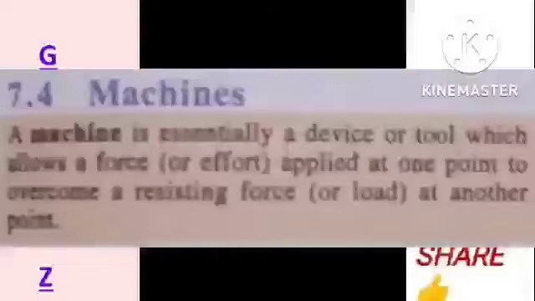We as human beings, as intelligent as we are, have been able to come up with various setups and arrangements that can help us do work, and these are known as machines. A machine is defined as a device or tool which allows a force or effort applied at one point to overcome a resisting force or load at another point. Machines work on natural principles.